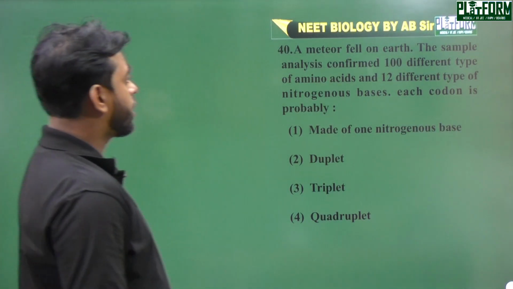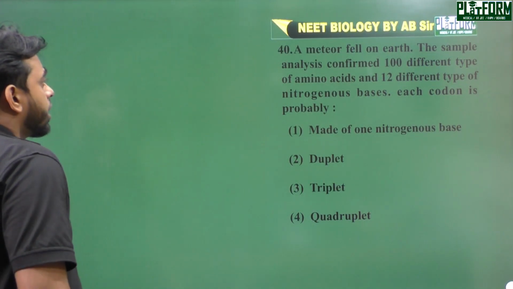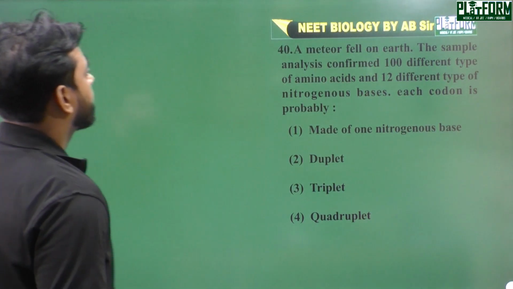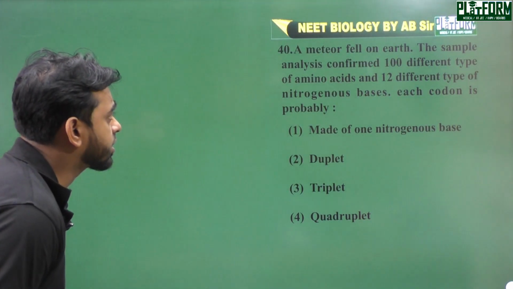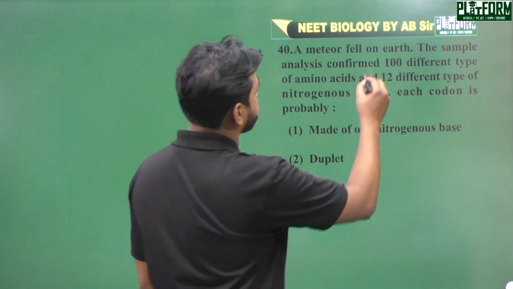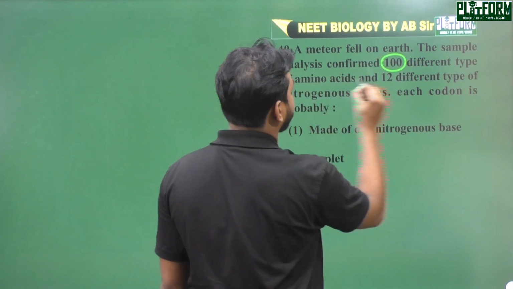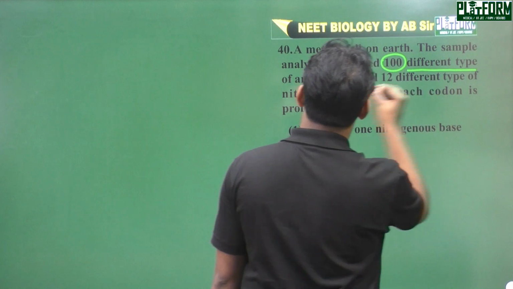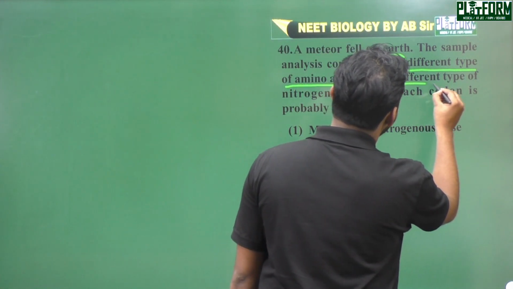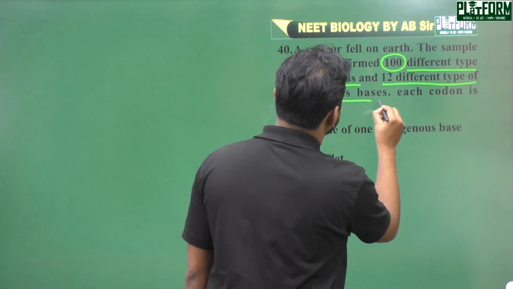Move to our next question. Now, a meteor fell on Earth. The sample analysis confirmed that 100 different types of amino acids and 12 different types of nitrogenous bases.